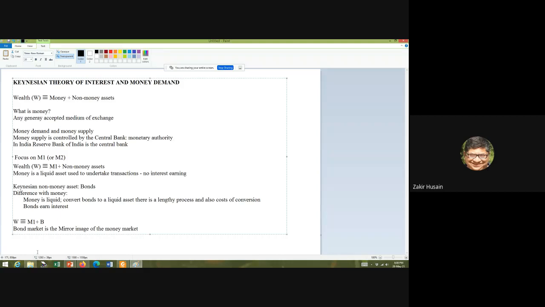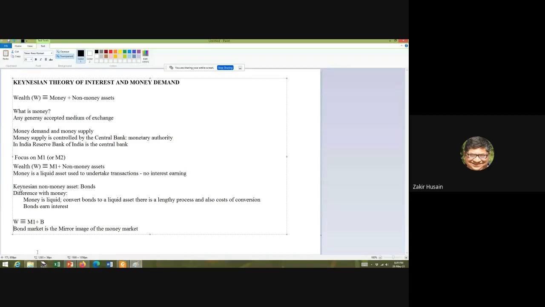I mean, what is the bond market? See, if it is an identity, it means that M1 plus B is always equal to your wealth.